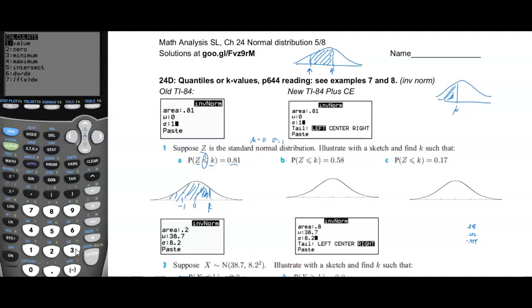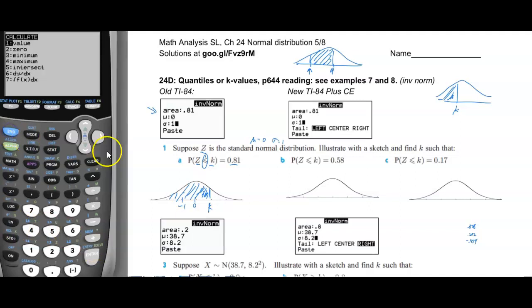So how do we do that with the calculator? We're going to use this procedure here. We're going to do second distribution, and we're going to go to inverse norm, and then we're going to put that the area is 0.81, and since we're doing standard normal distribution, we just leave mu and sigma as 0 and 1, and we hit enter twice, and we get 0.878.